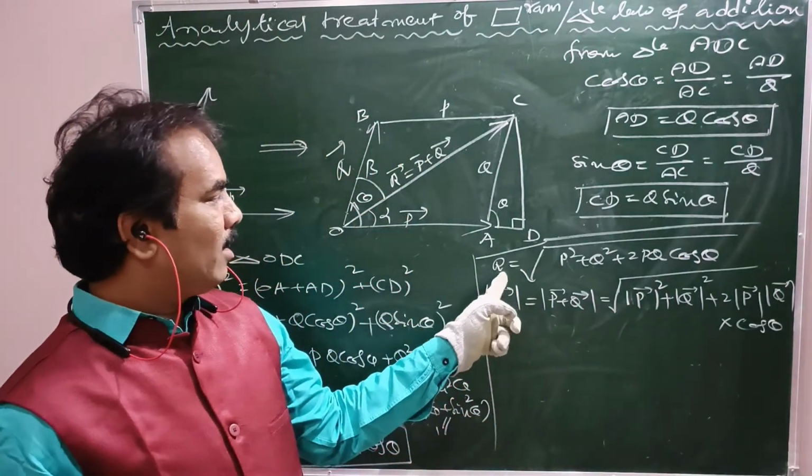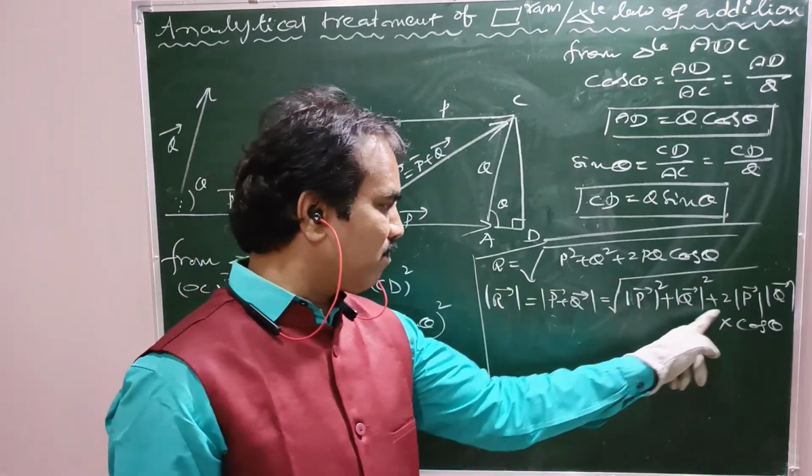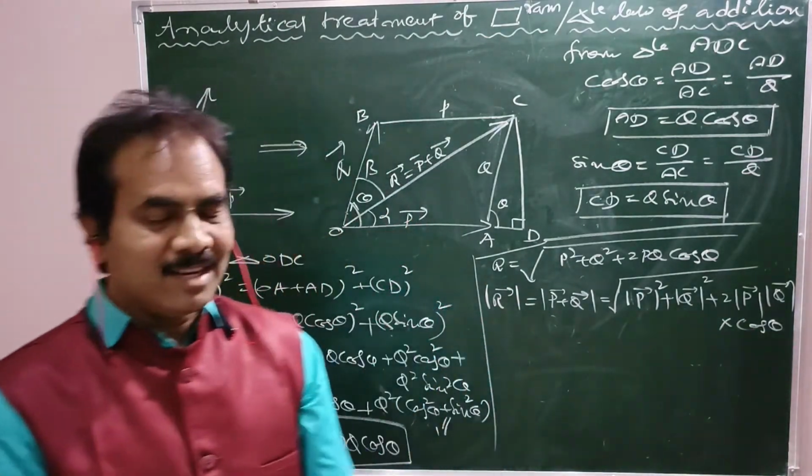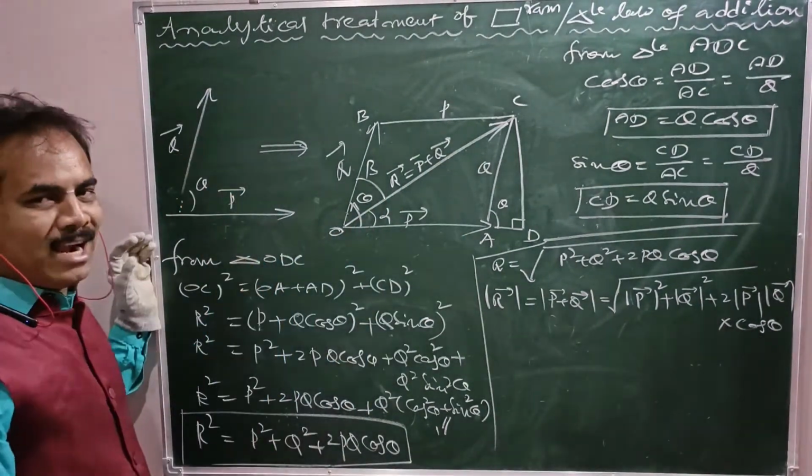So same can be written as R equal to root over P square plus Q square plus 2PQ cos theta. This is what the magnitude of resultant of these two parent vectors.